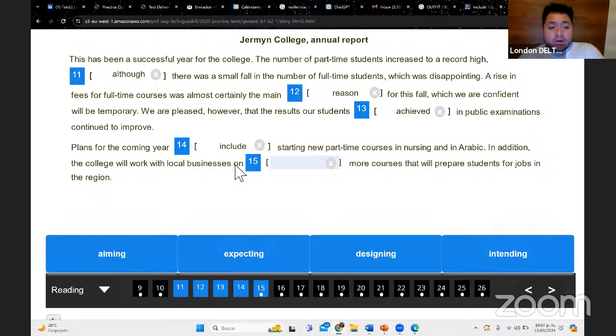So we say on, we work local businesses, on aiming, on expecting, on designing more courses, on intending. Pues aquí tenemos que preguntarnos, a ver, ¿qué se puede hacer con la palabra cursos? Aiming courses, expecting courses, designing courses, or intending courses.